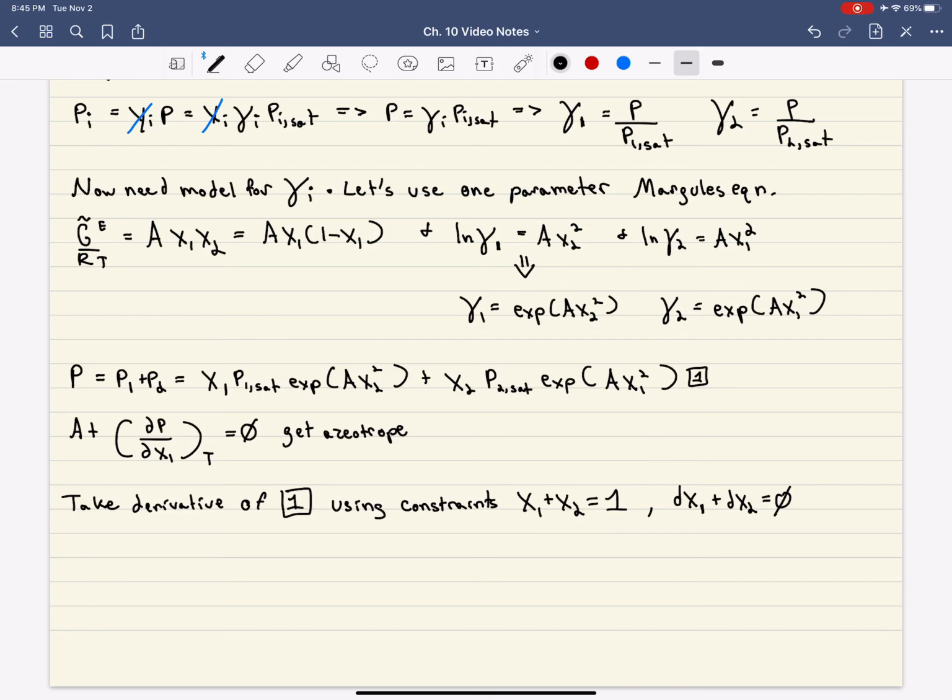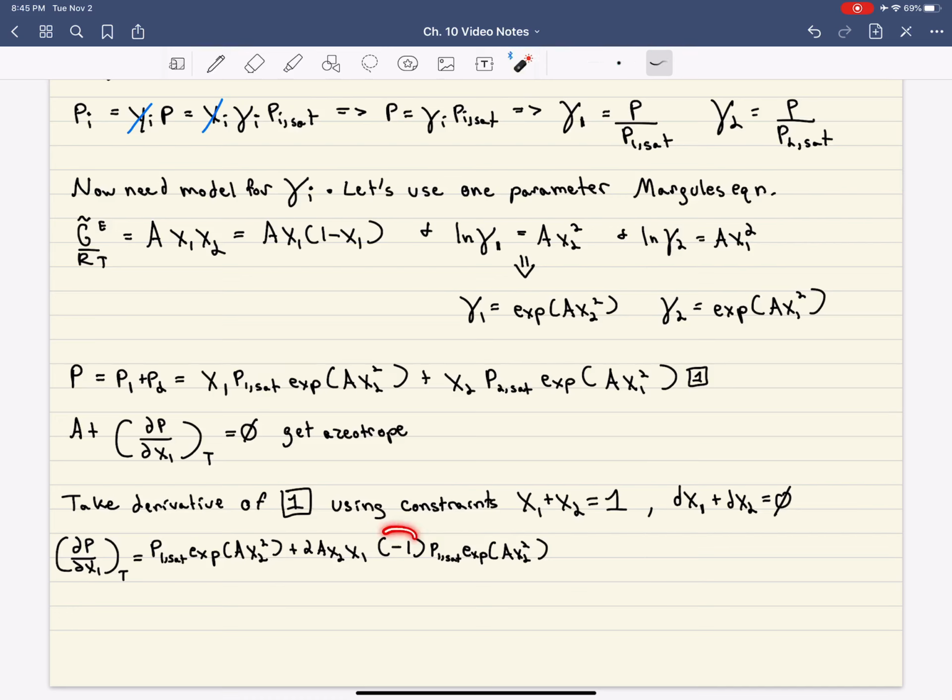If we go out and take that partial derivative, we'll get this equation: P1 sat times the exponential of A x2 squared, plus 2 A x2 x1 times negative 1 times P1 sat times the exponential of A x2 squared.